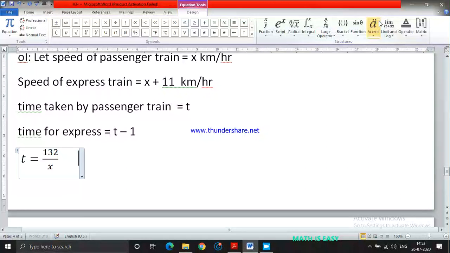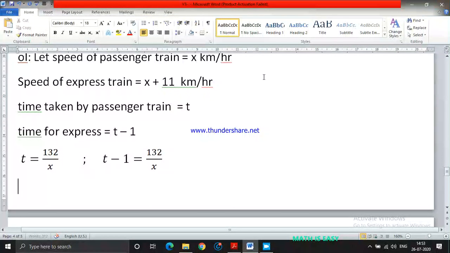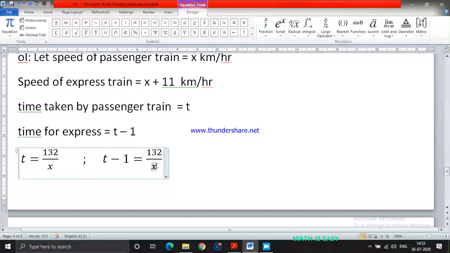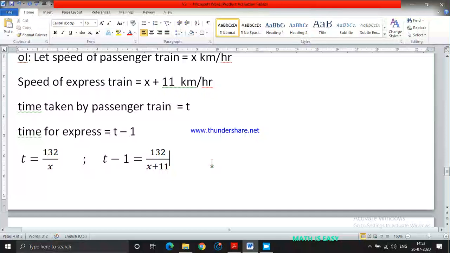This is case 1. In case 2, time is t minus 1 equals distance 132 upon speed x plus 11. I think this type of question we already solved.